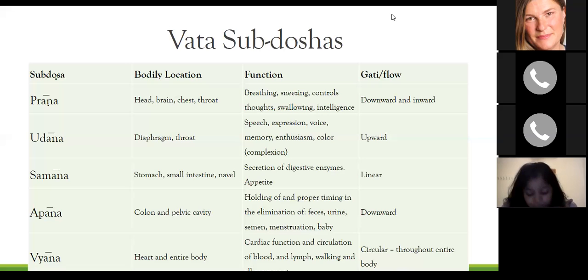Pain in the lower back, that's because Vata is getting stuck and not moving downwards, so it starts to circulate and move in the same area, and therefore it causes pain in the lower back, and also premature ejaculation. So now, looking at the function of Apana Vata, we can understand why these sort of disorders may manifest if there is an imbalance.